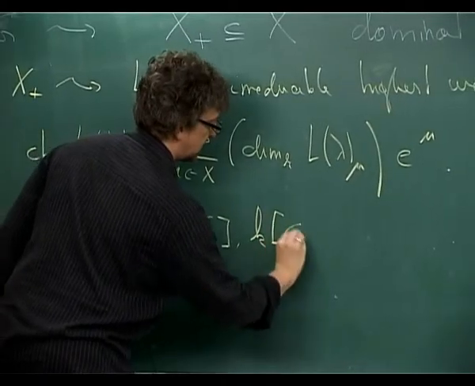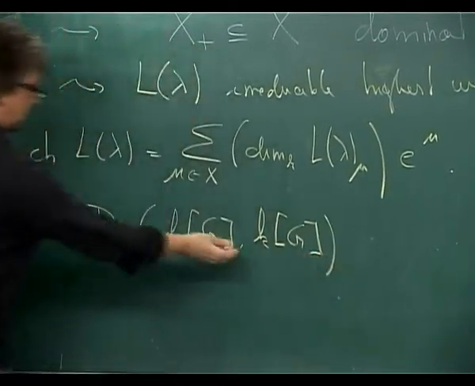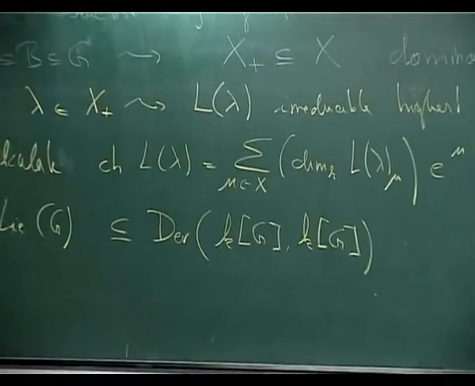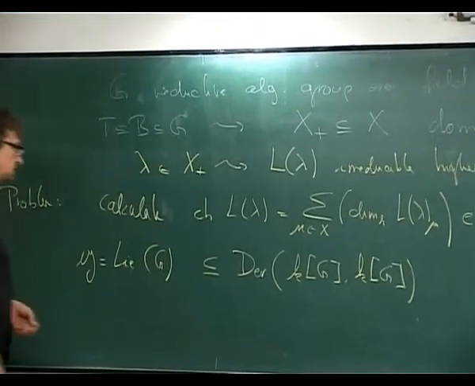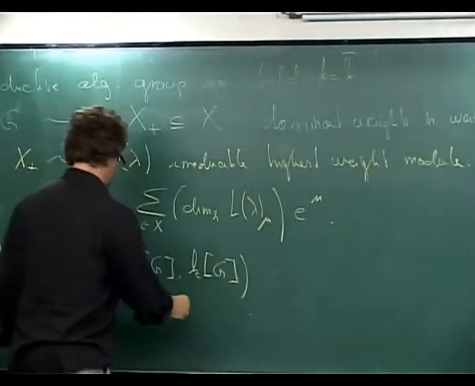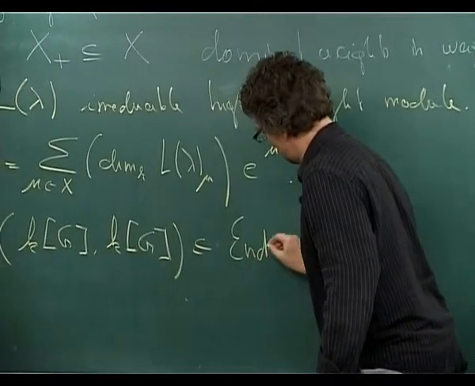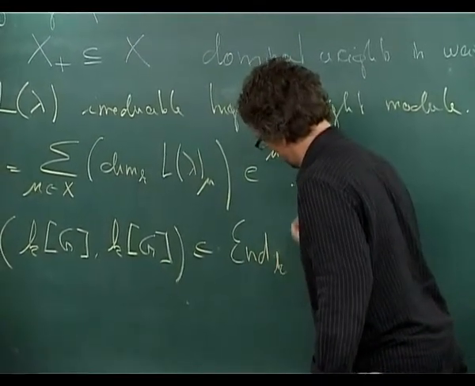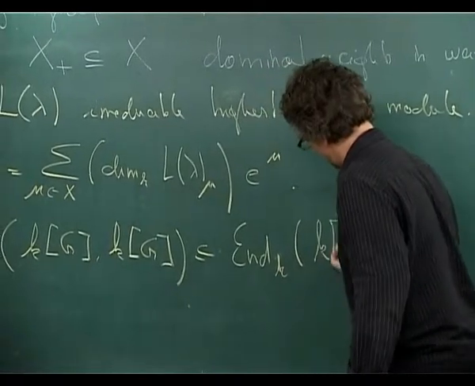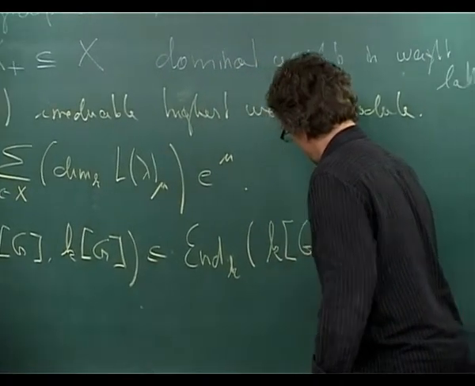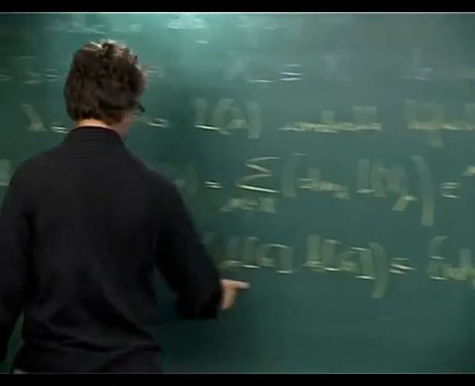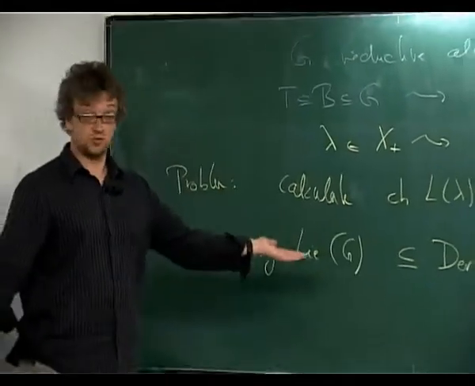These are the regular functions on the group. These are derivations, so this sits inside the linear endomorphisms of K[G], and these are the endomorphisms that satisfy the Leibniz rule.